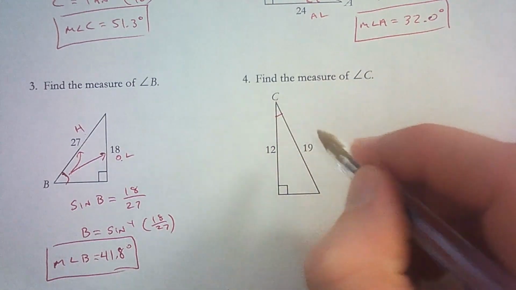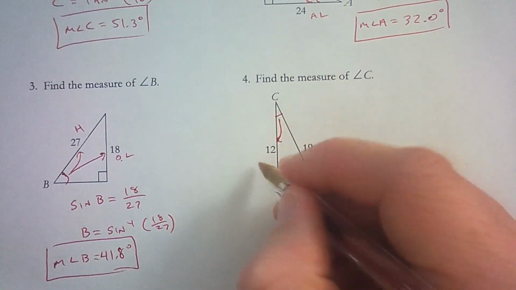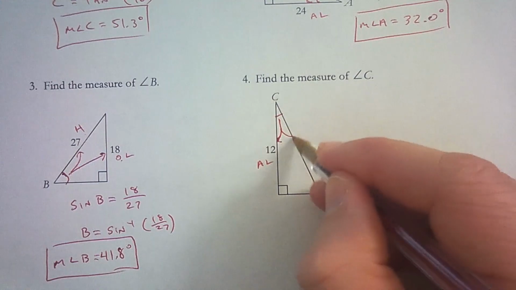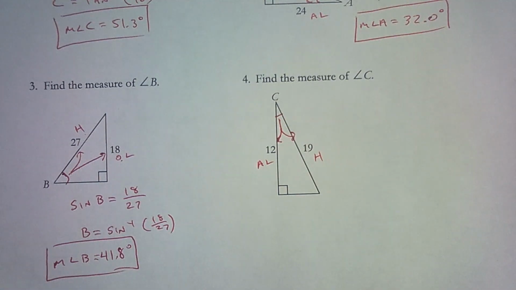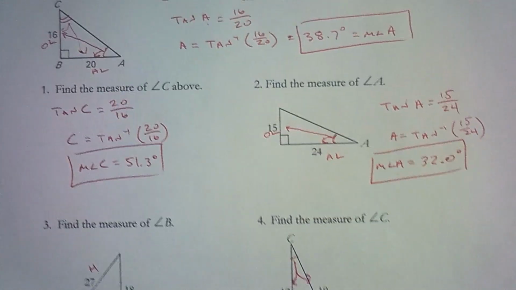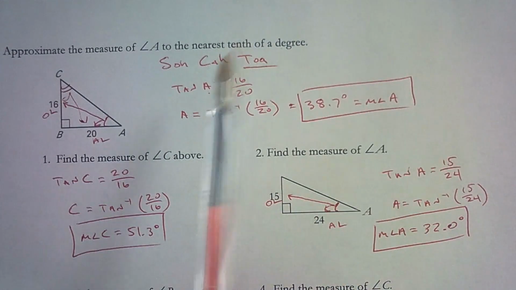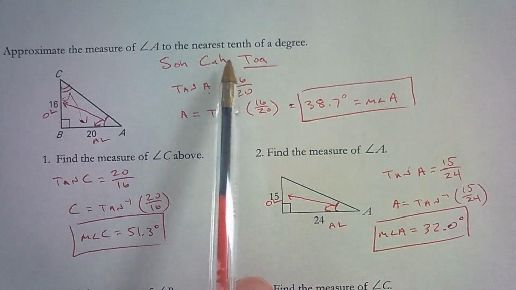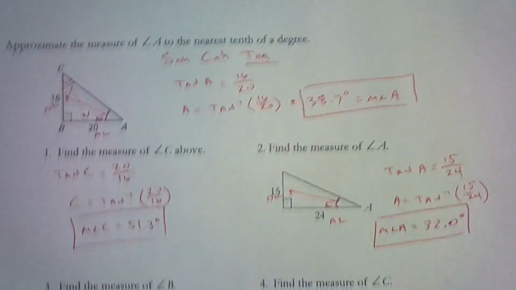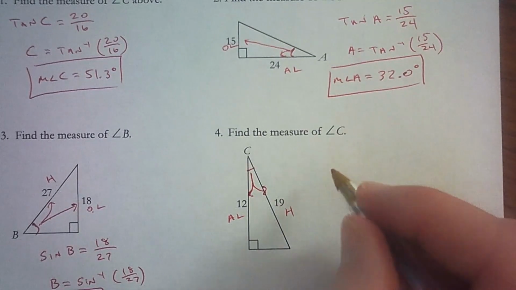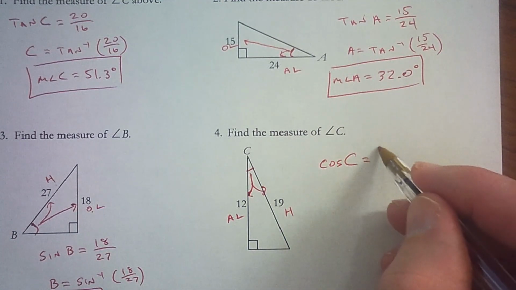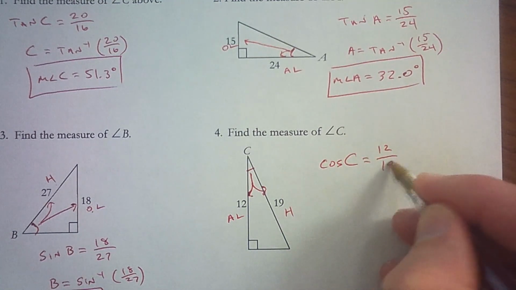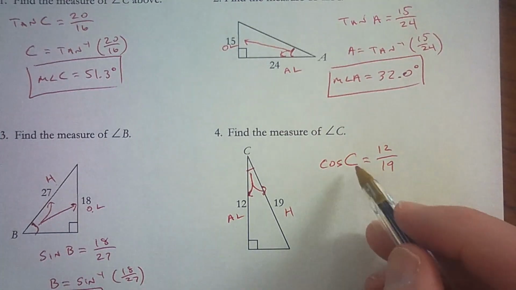The measure of angle C. This 12 here is the adjacent leg, and 19 is across from the right angle, so that is the hypotenuse. Adjacent leg and hypotenuse, and in our word SOHCAHTOA, adjacent leg and hypotenuse are here under cosine. So this time we are using cosine. Cosine C is equal to the adjacent leg, 12, over the hypotenuse, 19.